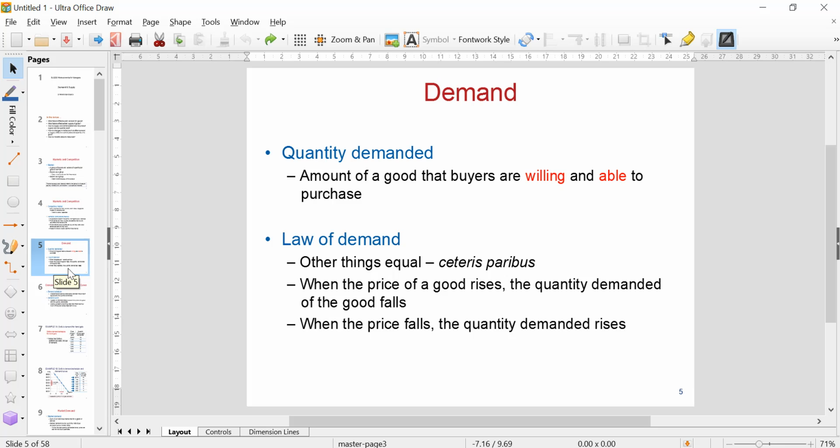Holding everything else constant, we earn the same income, the substitute products, if there are any, do not change prices, and there aren't many people coming in and out of the region that would affect the demand for this product. Everything else is constant. We're just tweaking the price a little bit, and then we're seeing the quantity demanded will change. And the opposite is also true. When the price falls, the quantity demanded rises, holding everything else constant.